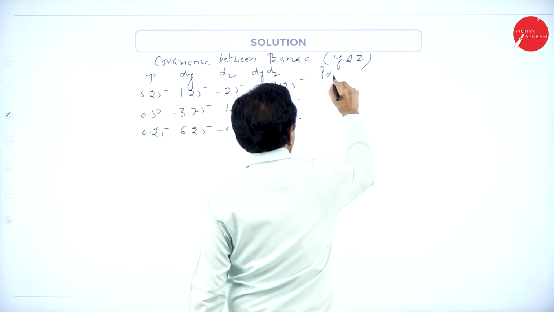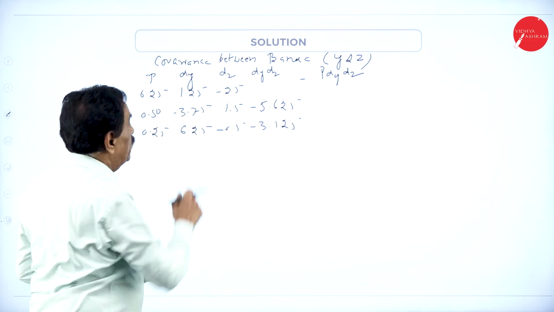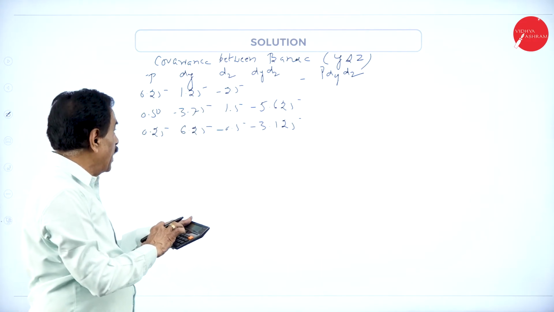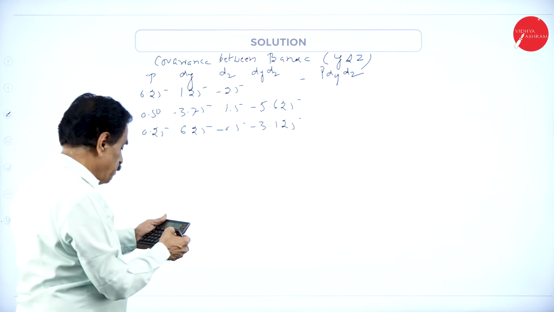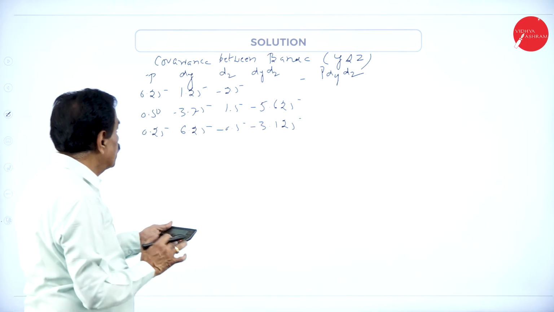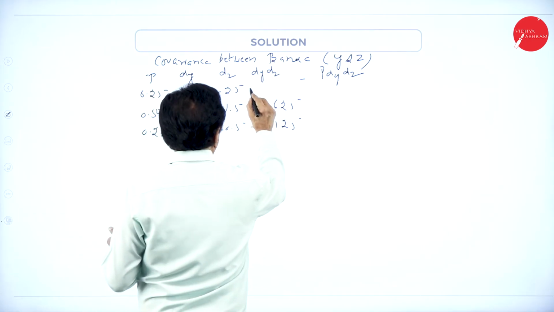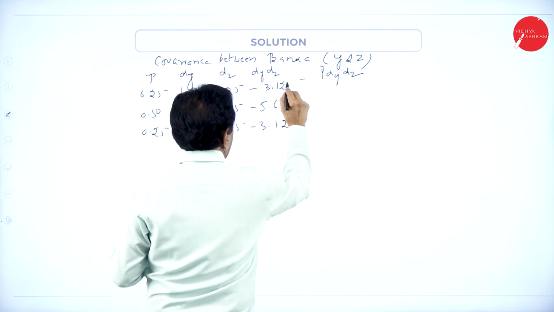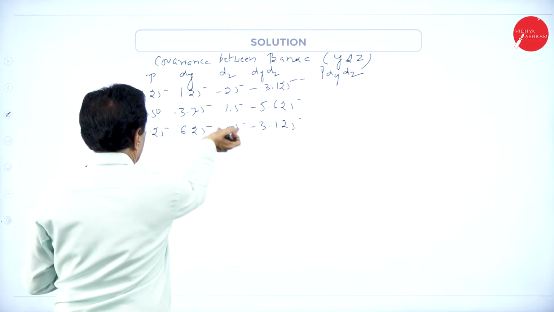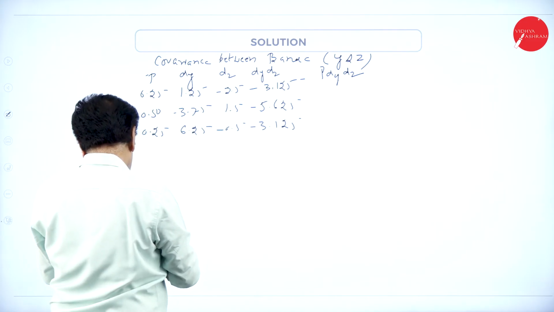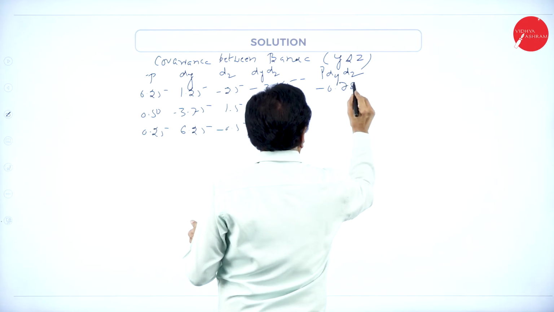Then p into dy dz: multiply dy into dz. 3.125 into 0.25 is minus 0.78125.